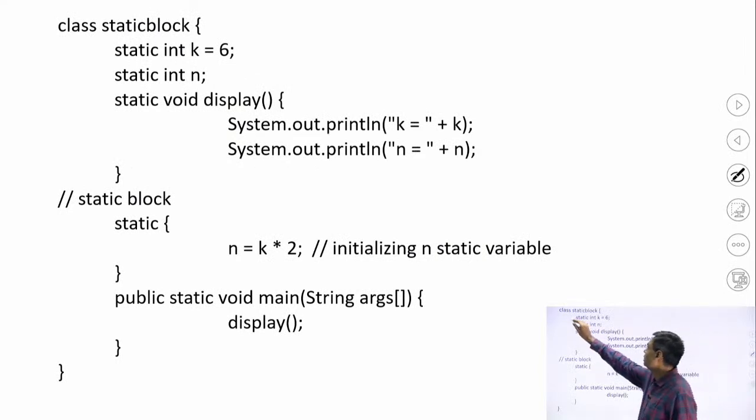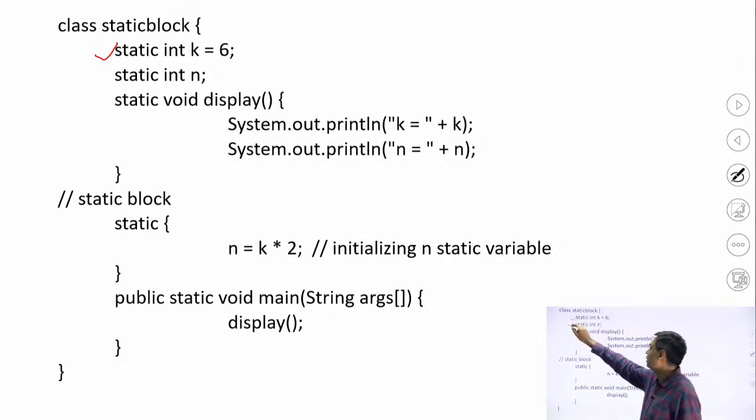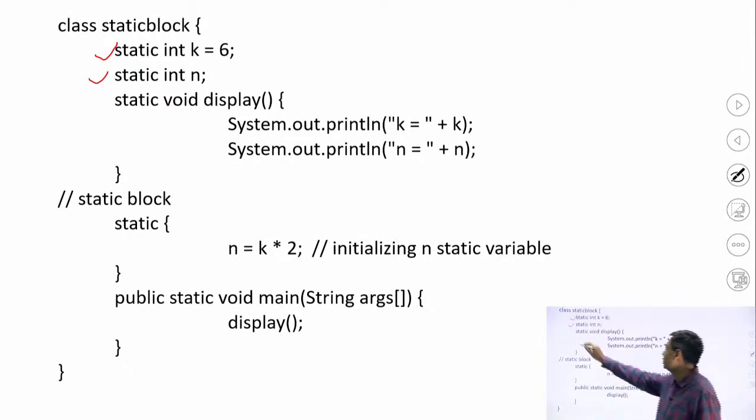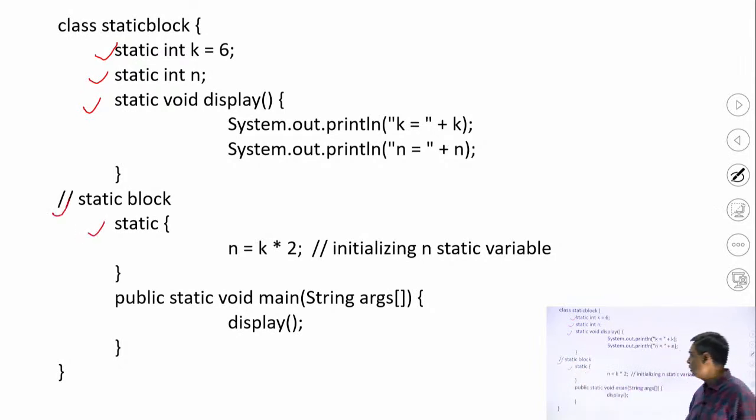We have a static variable k, then a static variable n, then a method display, then we have a static block. We are initializing n here. n is not defined here; we have not given any value to variable n.